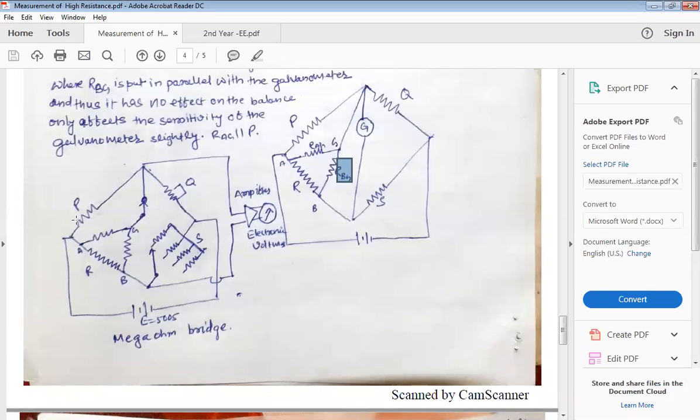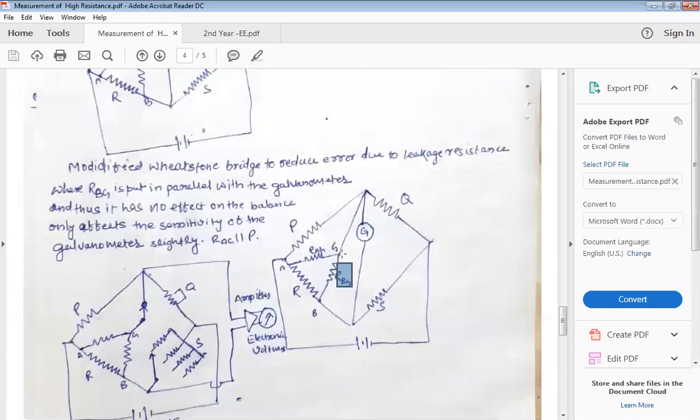Suppose there are resistances P, Q, and a variable standard resistance S. Now the unknown resistance R, which you want to find, and its leakage resistance are connected in series with the galvanometer, and connected in parallel with the galvanometer, and there is one galvanometer, or you can say an amplifier, used for finding the null point.